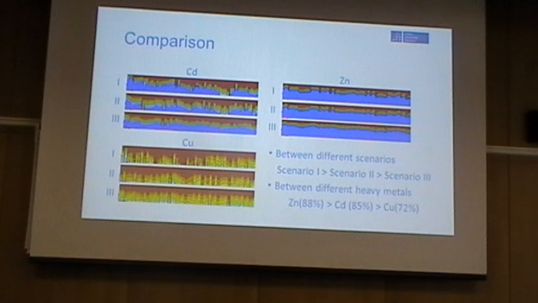And between different heavy metals, the zinc after scaling shows an almost perfect match to the original transport compared to cadmium and copper, which could be relevant to the scaling efficiency, which at 88% for zinc is bigger than for cadmium and copper. It could also be relevant to the coefficient of variation of K and N being close to the coefficient of variation of the scale factors.